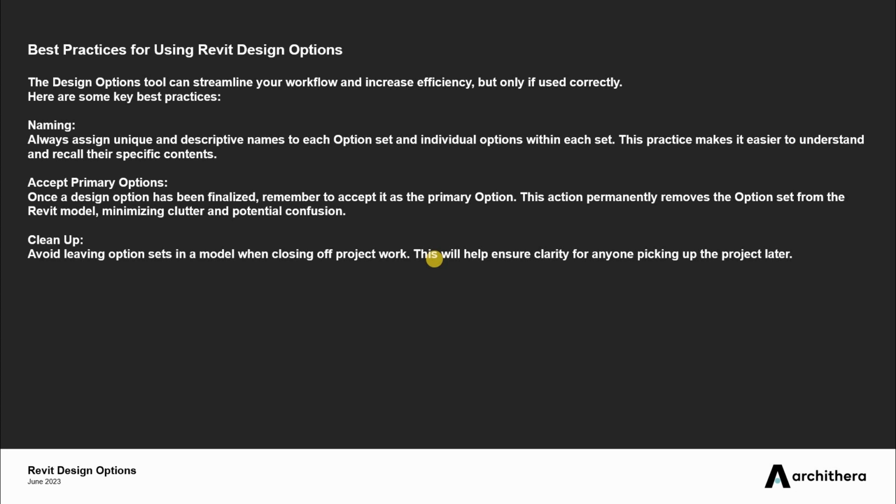Also, when you're done with an option set and you've finalized that option set, do not keep it in your model. Make sure you accept the primary option, so everyone can know what the finalized option is.